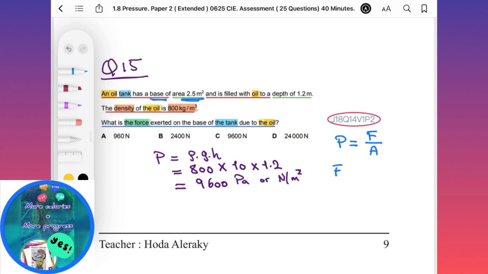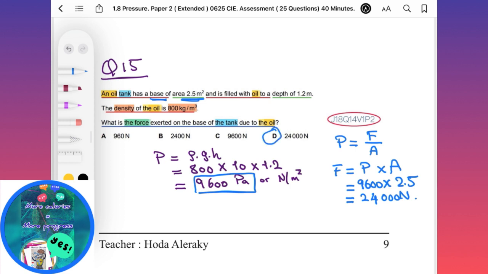So force is equal to pressure times area. Pressure is calculated here. Area is 2.5 square meters. So your final answer is 24,000 Newton. So your answer is D.